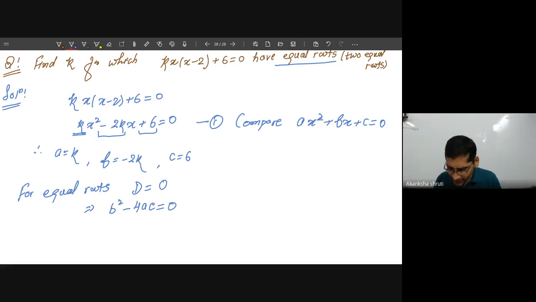This is given. Now b can be replaced by minus of 2k, squared, minus is the formula, a is our k, and in place of c I can put 6, equals to 0. You may carry this bracket, it will be helpful.